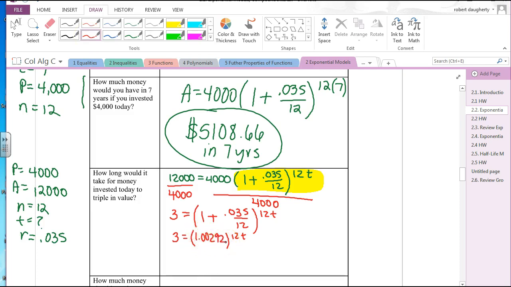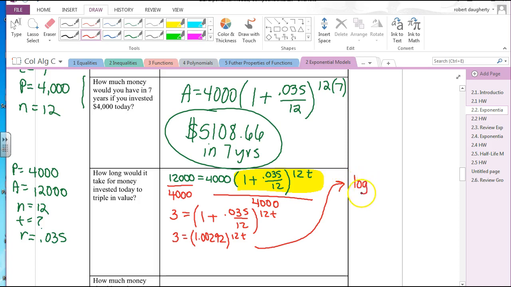1.00292. Now, I need to take the log of both sides. What is the base? 1.00292 is the base. Okay, so I'm going to come over here.